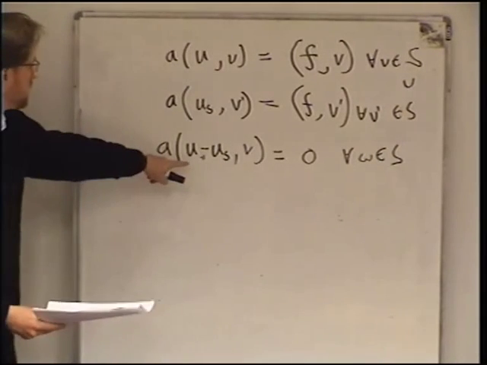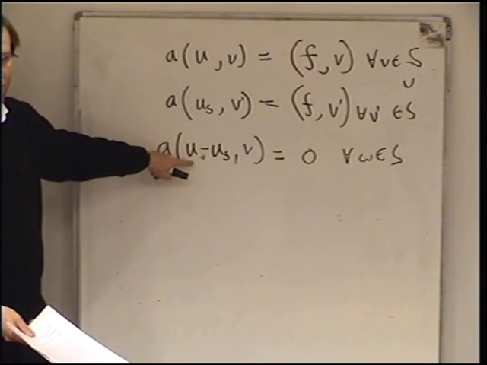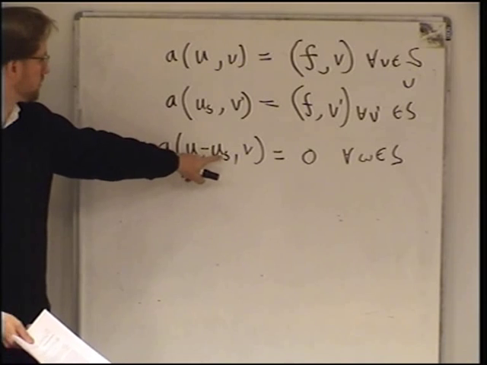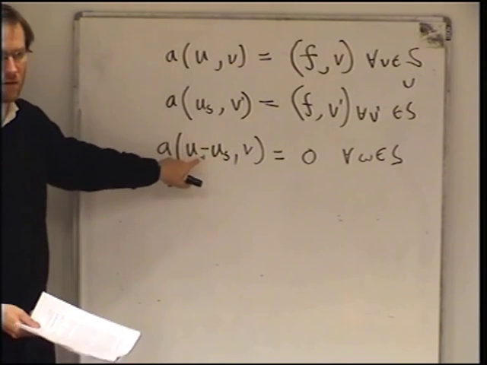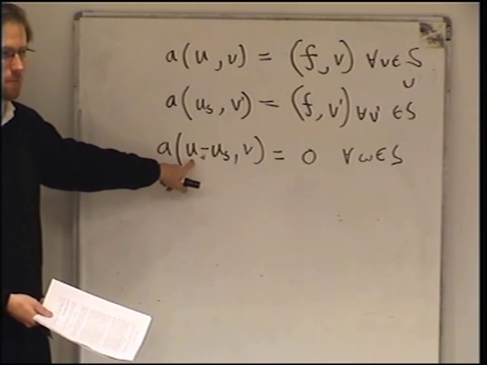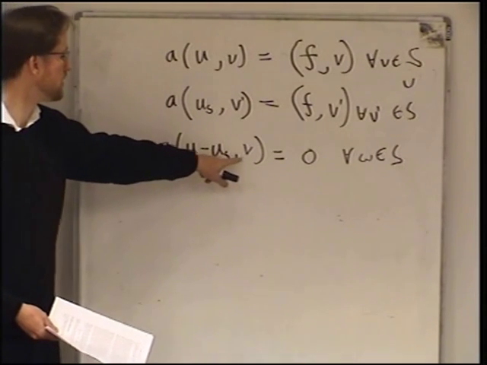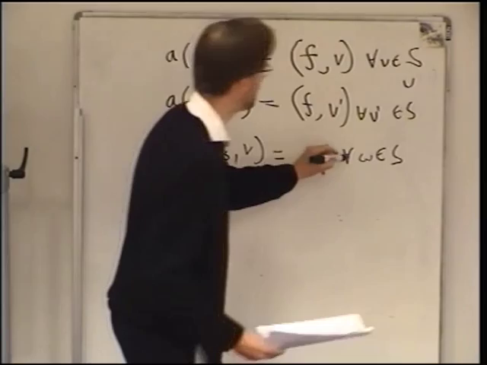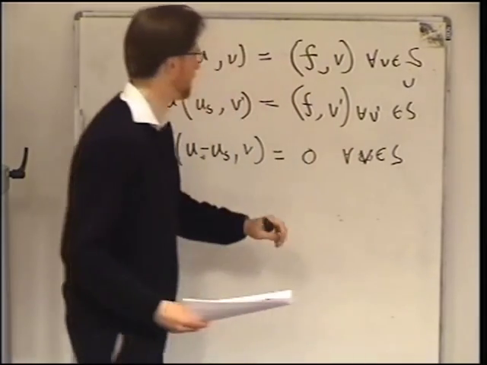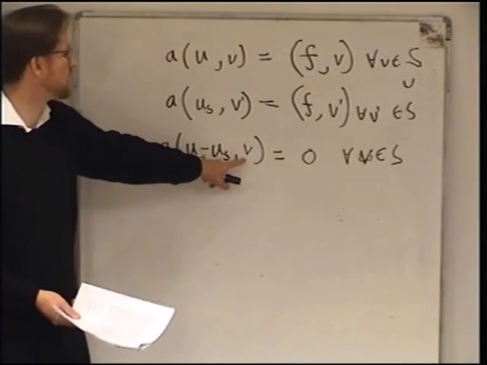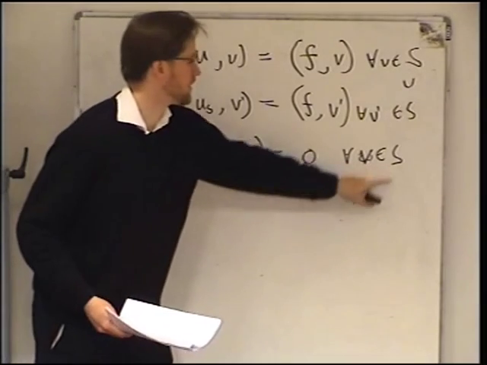So this is the error. Right? This is the difference between our discrete solution and the continuous solution to the weak problem. And this is any function at all. Sorry, that should be a v there. I'm getting confused between my notation and their notation. This is any function at all in this space.